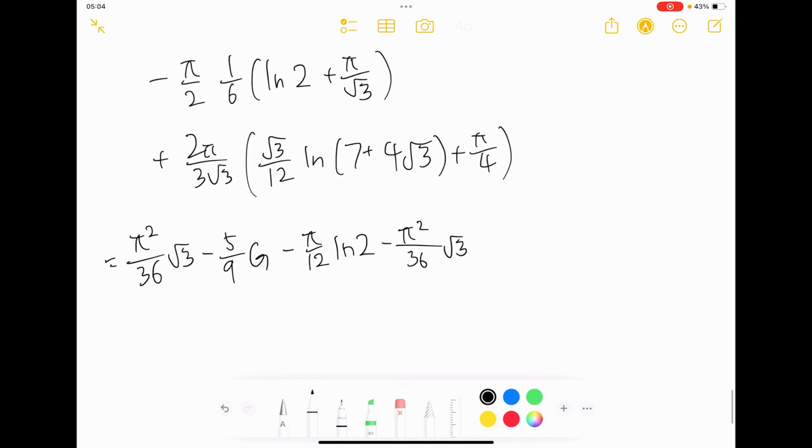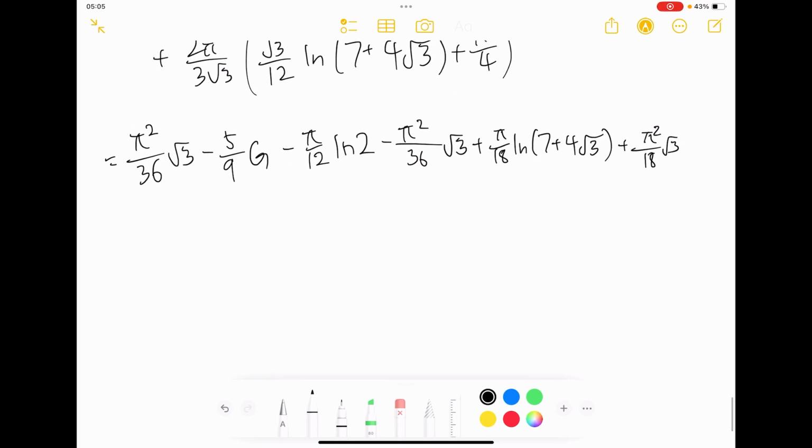And the last bit, where the root 3's cancel out, giving us 2 divided by 36, which is pi over 18, times this natural log thing, and plus pi over 4 times that, which gives us pi over 6 root 3. Yep, and then multiplying root 3 on top and bottom gives us pi over 18 times root 3. Oh, pi squared, sorry, because 2 pi's.